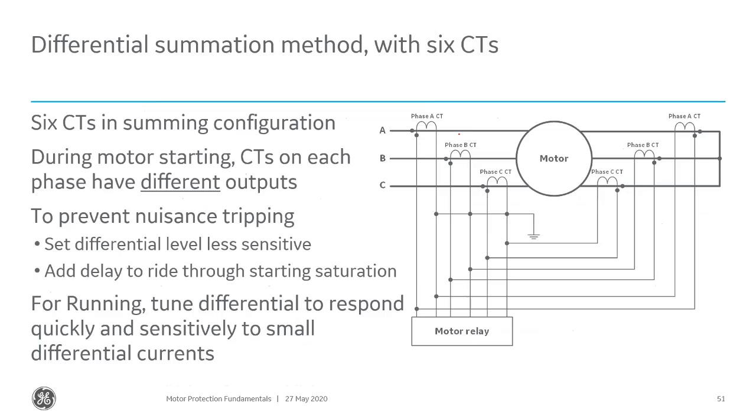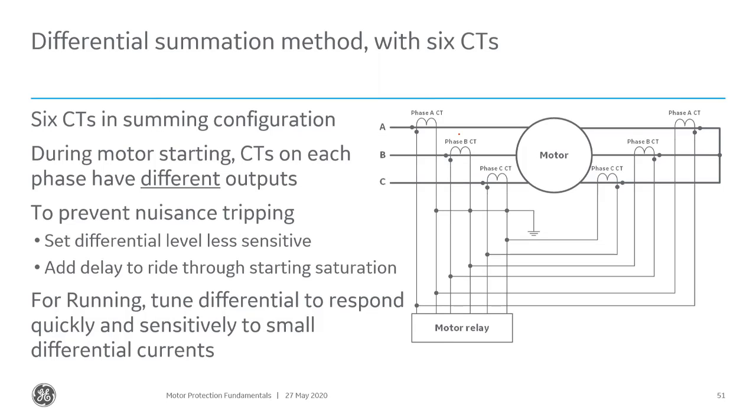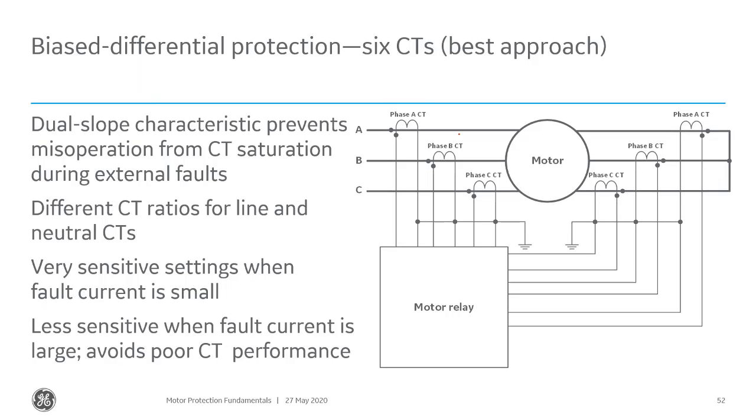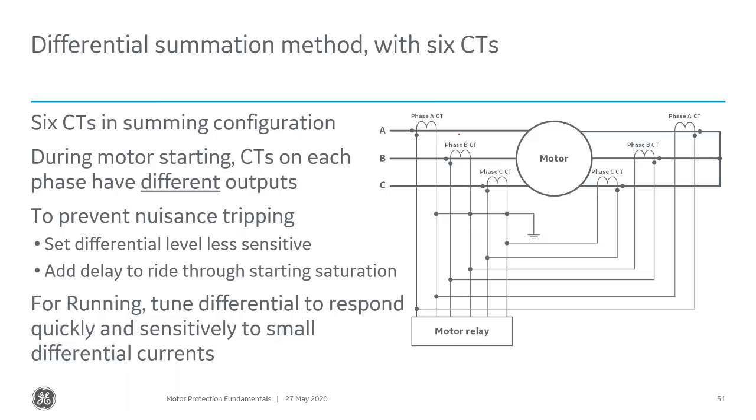The other way that we can do this is with a differential summation method, or we can either sum this as it's shown here outside of the motor relay, or we can sum it inside of the motor relay. Now, this is not a very good way of doing this because what we see coming into the relay here is just the vector sum of these two currents.